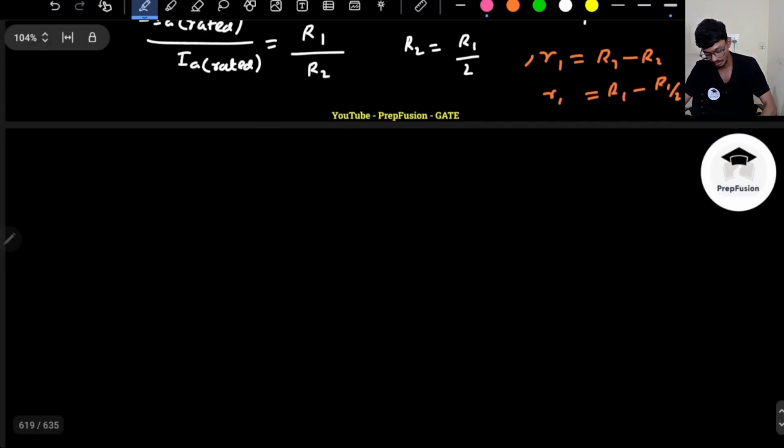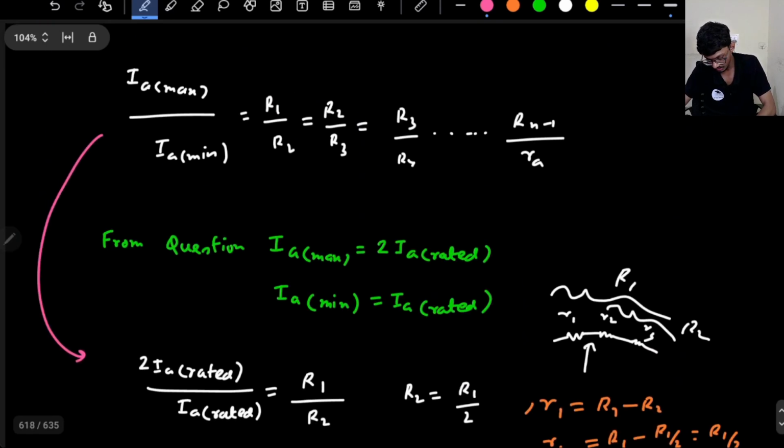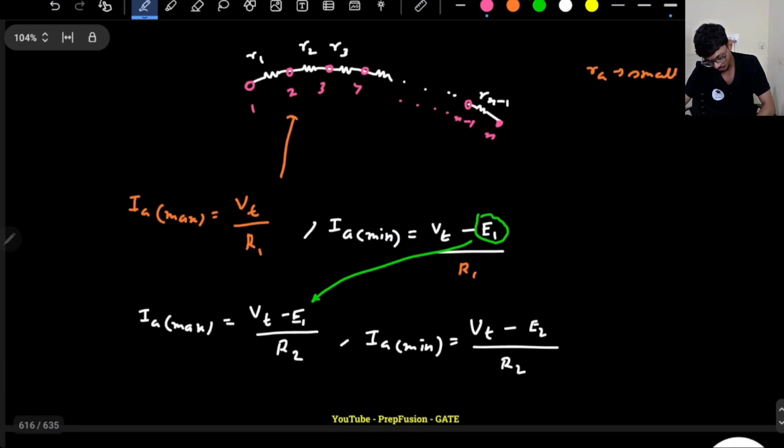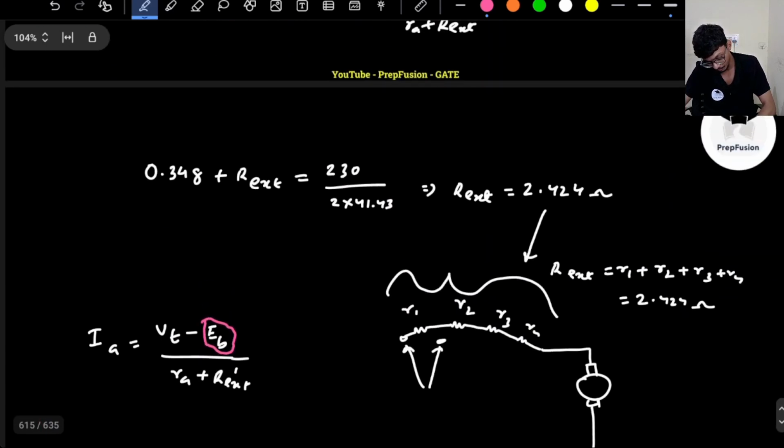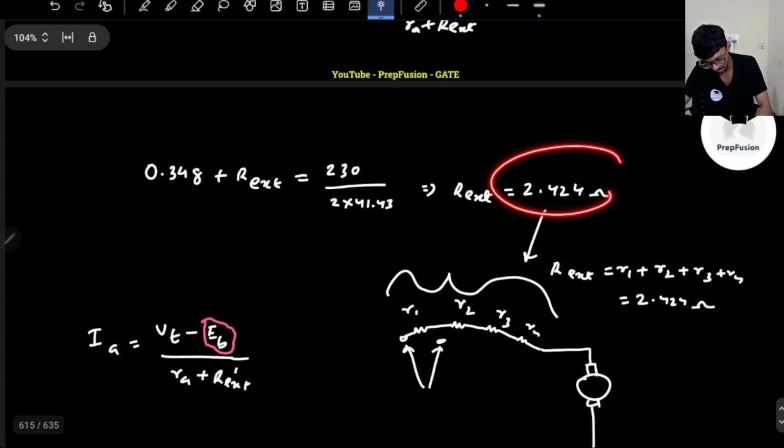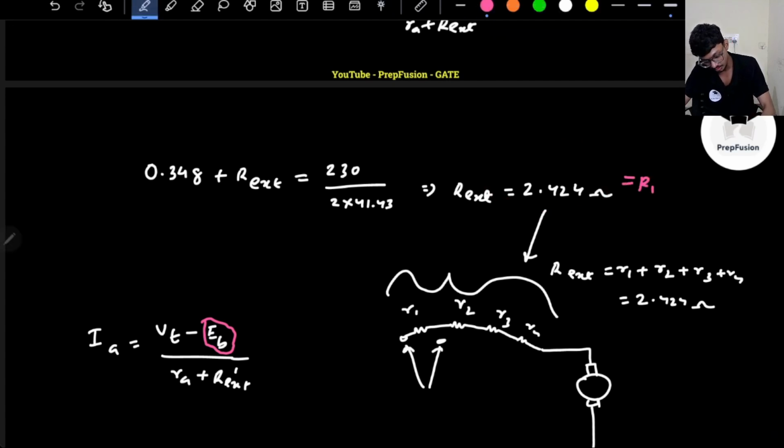So basically, capital R1 is what we had already found out in the previous attempt. Okay, a very difficult attempt, that is this one. This is my R1, right? So it is 2.424.